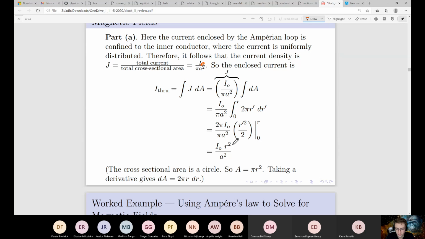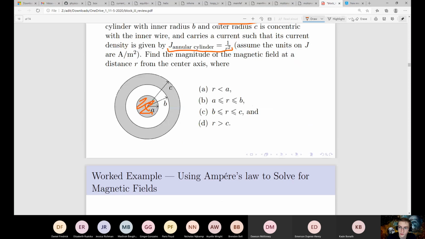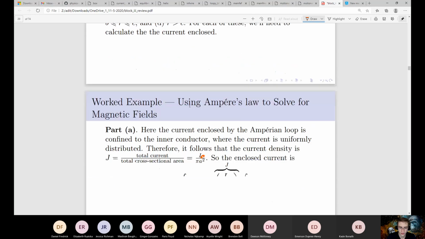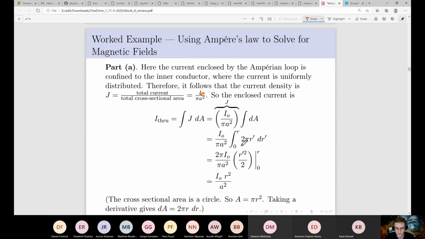Now here's the other subtle point with Ampere's law. I want the B field at a distance r. My r starts at the origin and extends outwards to some Amperian loop that's inside this inner wire. So r, the radius at which I want my B field, is a distance.